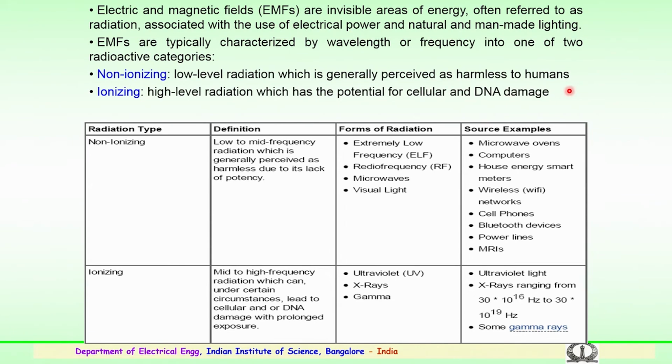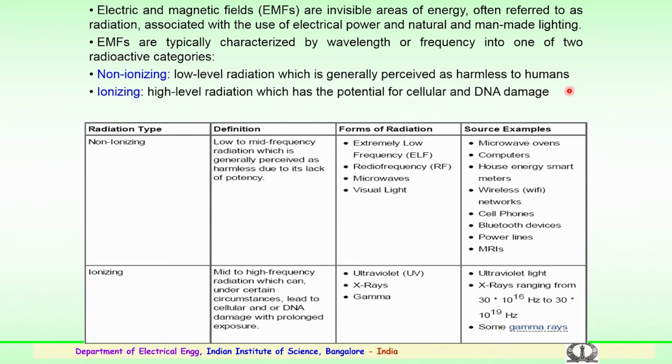The magnitude of the radiation emitted from this category is not much harmful to humans, whereas the ionizing type, the second category, has a high level of radiation and has to be considered, as it could have the potential for damaging cells and also the DNA.